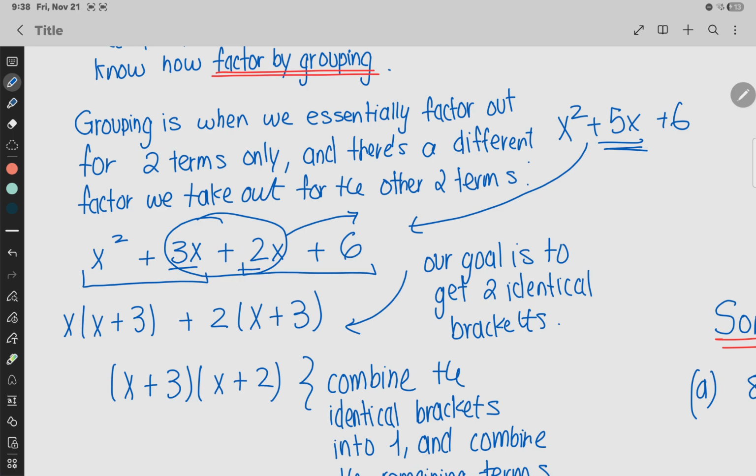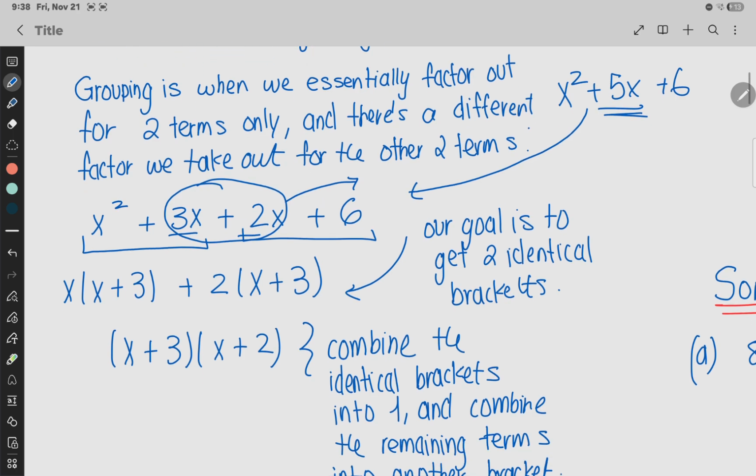So how do we go from here? We take the first two terms, x squared and 3x, and factor out x, so it becomes x(x plus 3). We do the same to 2x and 6: we factor out the 2, so it becomes 2(x plus 3).